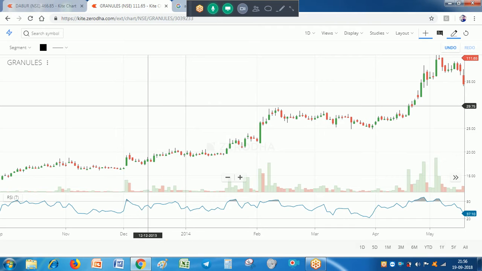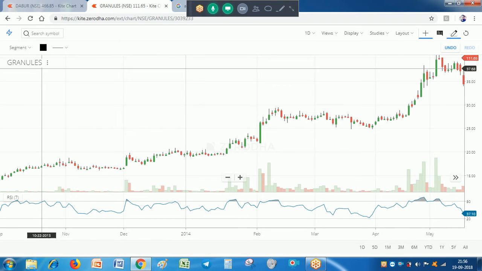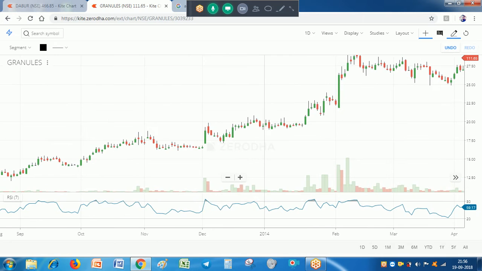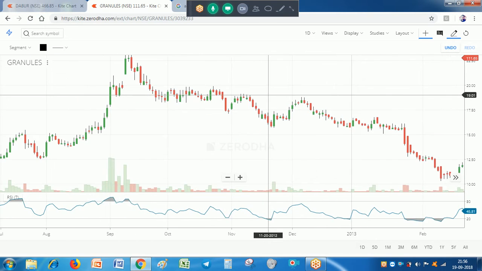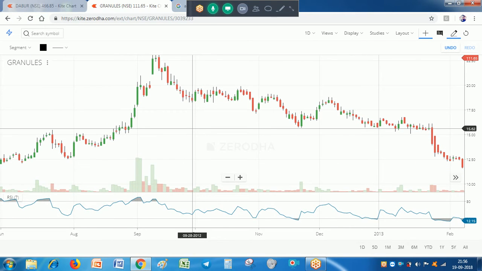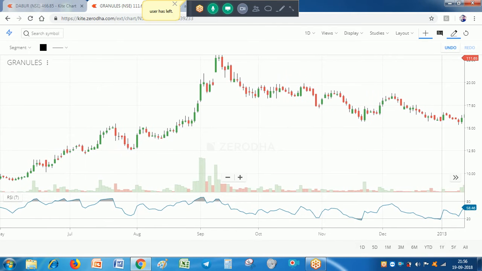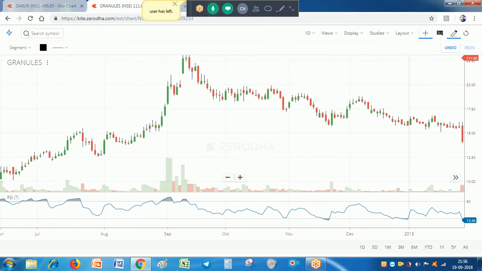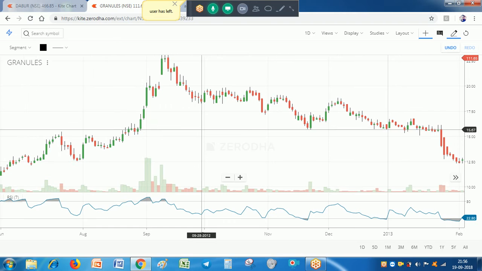We can keep them in a watch list and keep watching them on a daily basis. So any day we get some confirmation of the breakout, we can enter those trades accordingly, right?